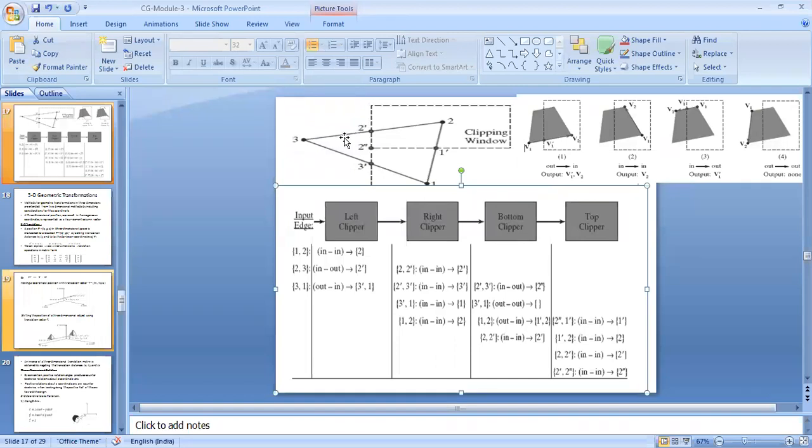If there was, they deleted or removed that. Then they checked if there is any area towards the right of the clipping window, and that area they deleted, they clipped. Then they checked if there is any area towards the bottom of the clipping window.